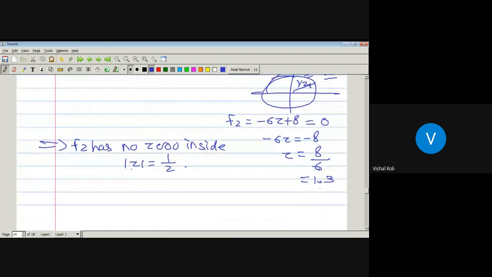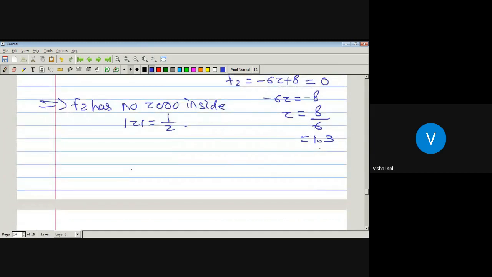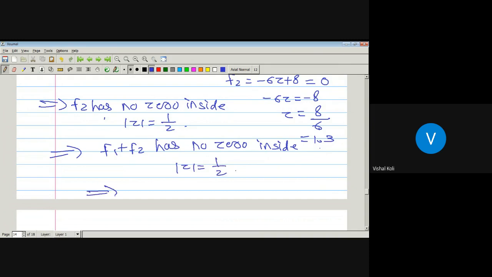But we know that f2 and f1 + f2 have the same number of zeros inside |z| = 1/2, but f2 has no zero inside, which implies f1 + f2, which is f, has no zero inside |z| = 1/2.